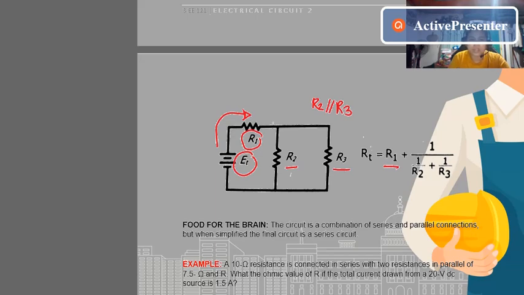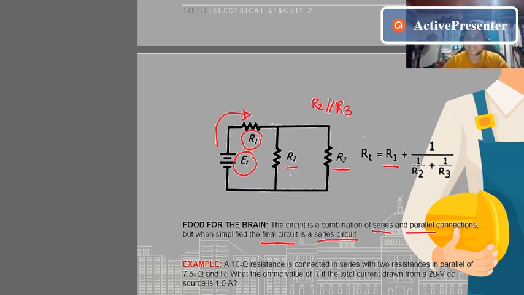So, take note that, food for the brain, the circuit is a combination of series and parallel connections. But when simplified, ang final circuit is a series circuit.